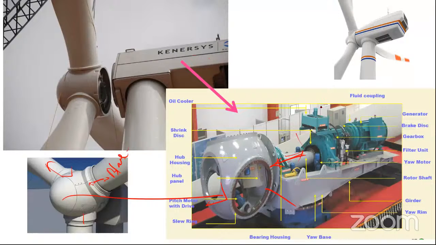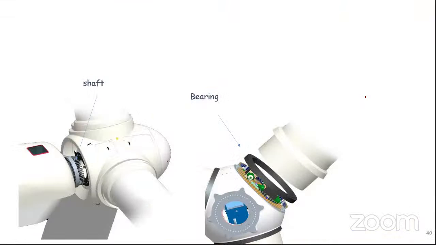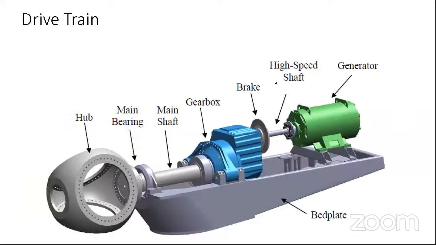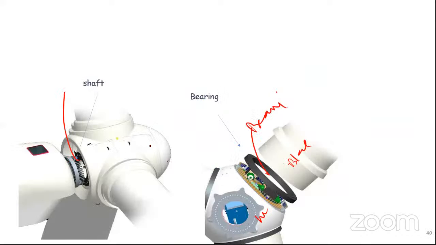Here the drivetrain components are the gearbox and the generator. In some turbines there are bearings between the blade and the hub. Here you can see the bearings, and you can see the shaft also here.